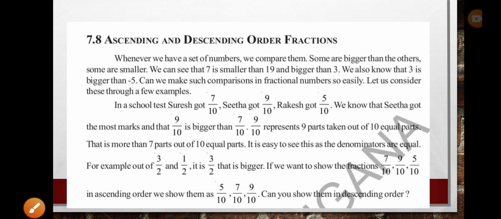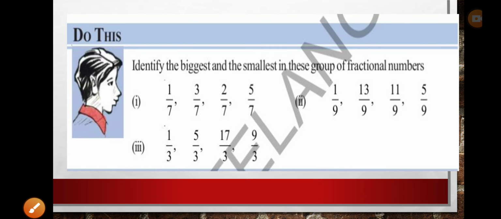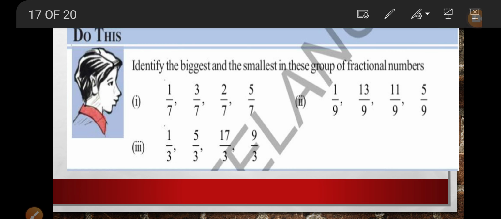Suppose here also these denominators are equal. Which is bigger, 3/2 or 1/2? This one is bigger, 3/2. Okay, next concept. Identify the biggest and the smallest in this group, he said. So this is very easy.